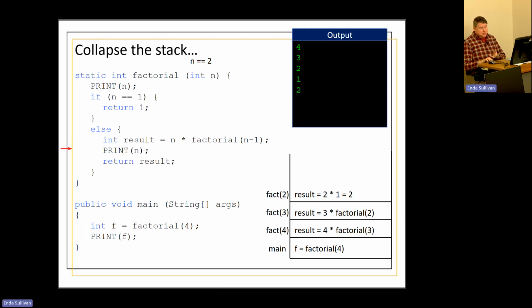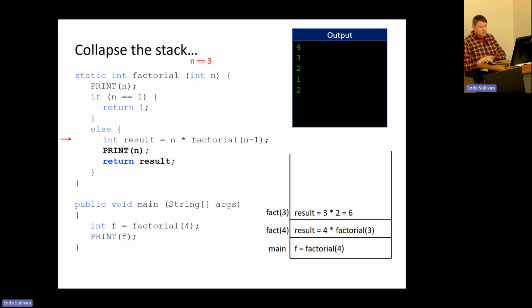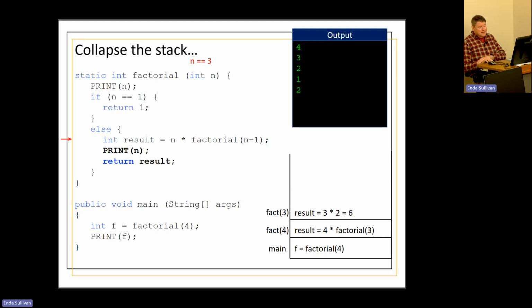That answer is 2, so it prints out a 2, and it returns 2, because that's what it's told to do. When it hits a return statement, that part of the activation stack is done, and a 2 is plugged into the previous layer of the activation stack where we had a call to factorial of 2. So that layer now reads, result equals 3 times 2, which is 6.